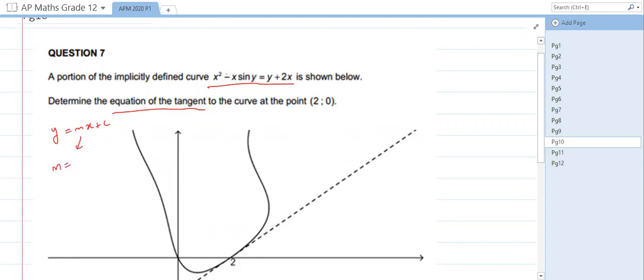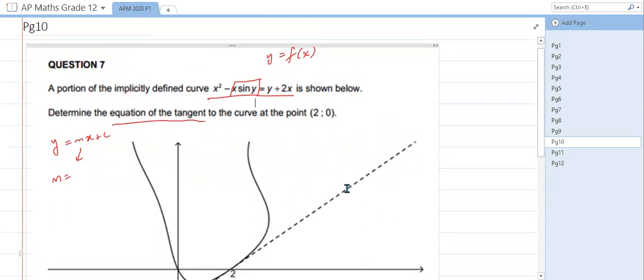Now if you observe this, x squared is just fine. Remember, y is equal to f of x, so what we need to apply over here is the product rule, and then we are sorted. The reason we are finding the derivative is that m is equal to f prime x evaluated at some x value. Here x is equal to 2.